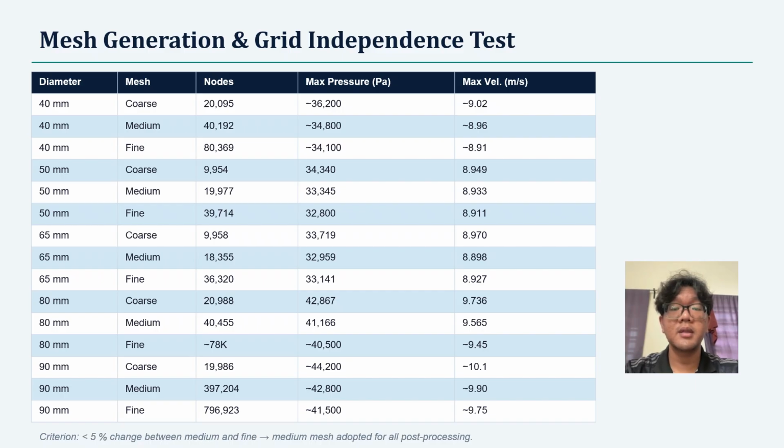The maximum velocity stabilized from 8.949 meters per second down to 8.911 meters per second. Our established criterion for convergence was a less than 5% change in key output when moving from a medium to a fine mesh. Across all test diameters, the variance between the medium and fine configurations fell well within this 5% limit.